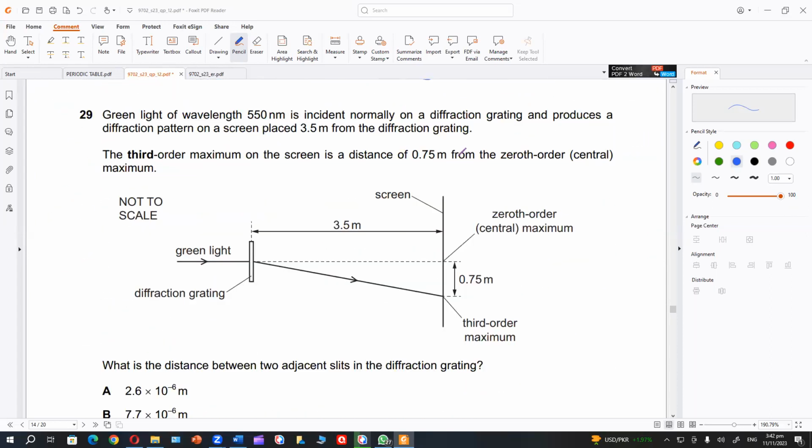29. Green light of wavelength 550 is incident, this is lambda, normally on a diffraction grating and produces a diffraction pattern on a screen placed 3.5 meters from the diffraction grating.